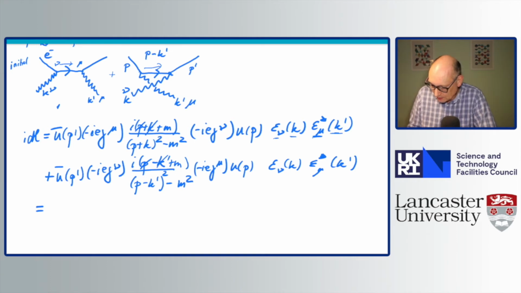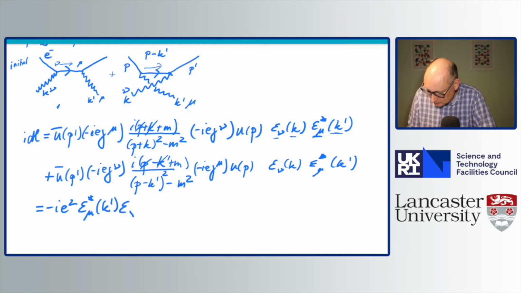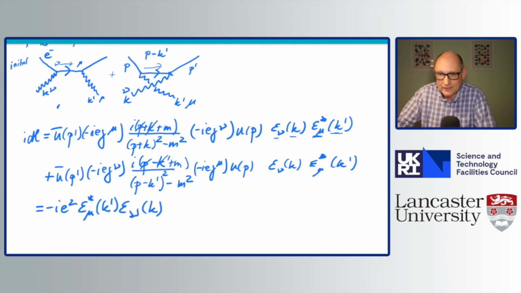So we've got a minus i, and an i, that's minus i. We've got two e's. Then we've got the polarization vectors, let's keep them here. So we've got an epsilon star mu of K prime. We've got an epsilon nu of K.